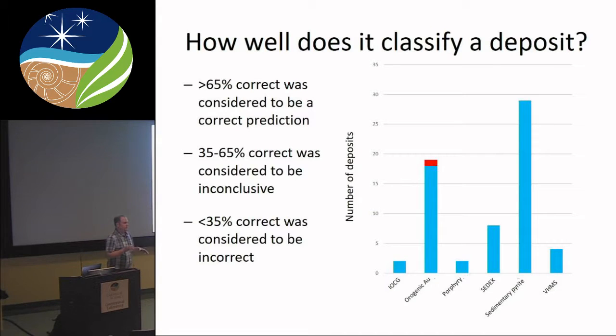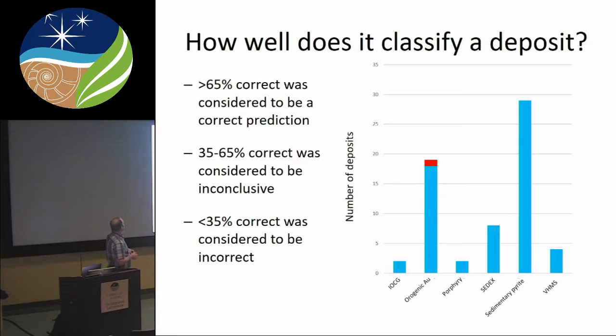But we had varying numbers of data points from the different deposits. So we thought we should go through and check to see whether it was only identifying the deposits we had a lot of data for really well, or if it was doing pretty well across the board.